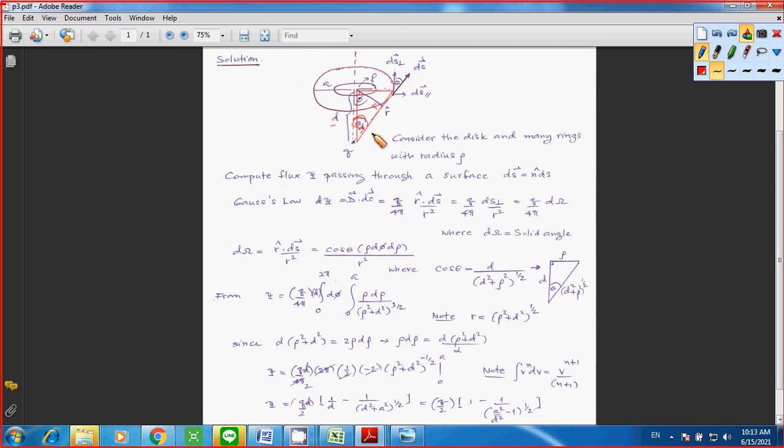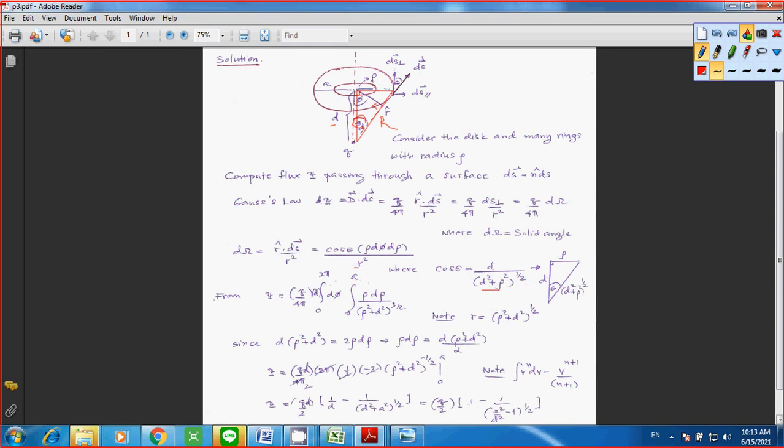So it actually becomes d divided by R, the capital R. And your R simply becomes square root of d squared plus rho squared. So I have cosine theta equal to d over (d squared plus rho squared) to the power 1.5.